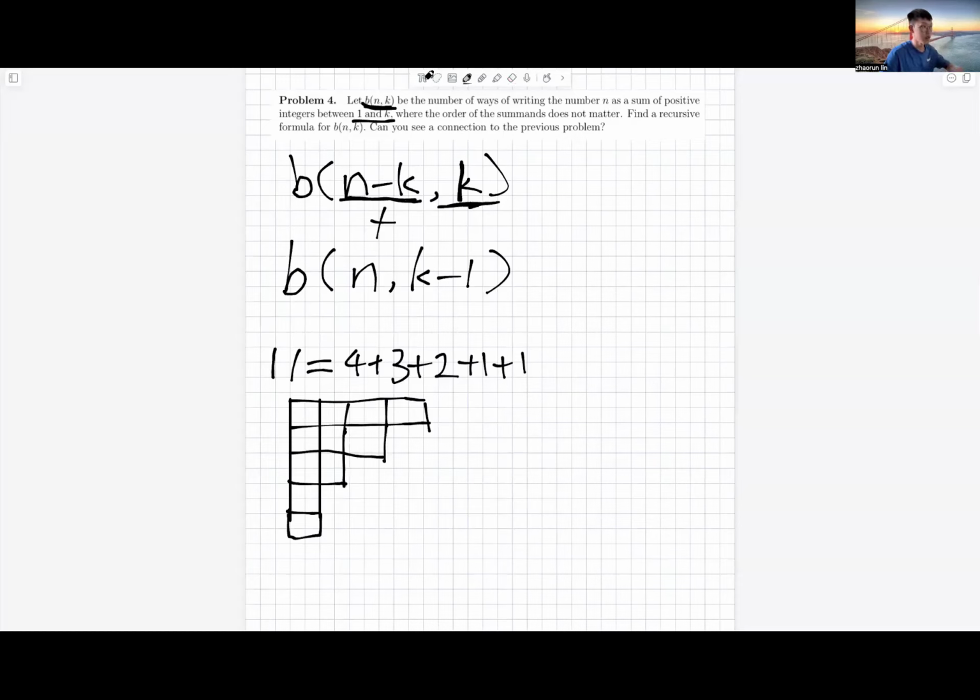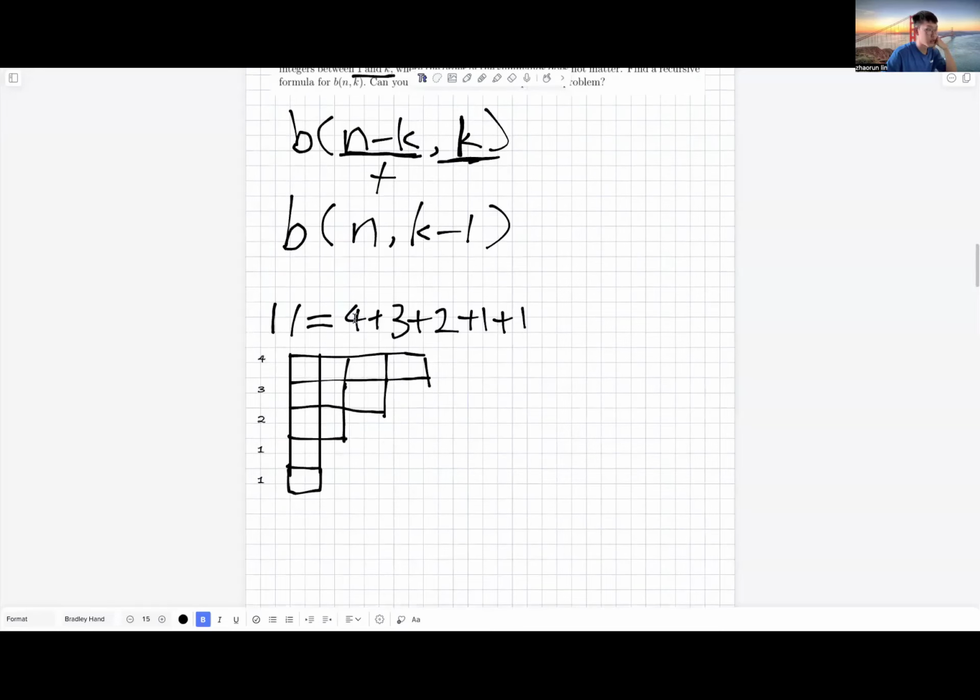So actually I can just type. So this is 4, this is 3, this is 2, this is 1, this is 1. So this is the Young diagram. We represent 11 using 5 summands: 4, 3, 2, 1, 1.